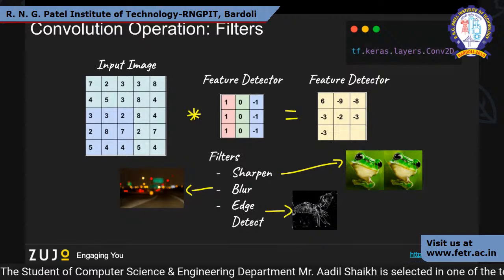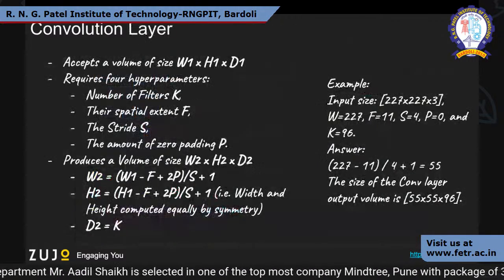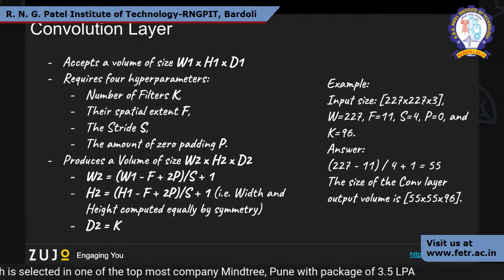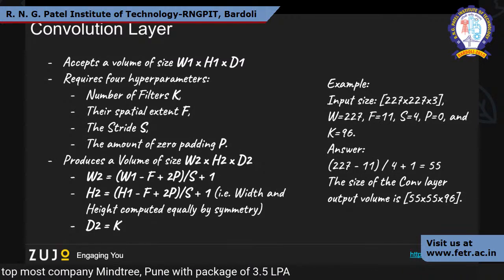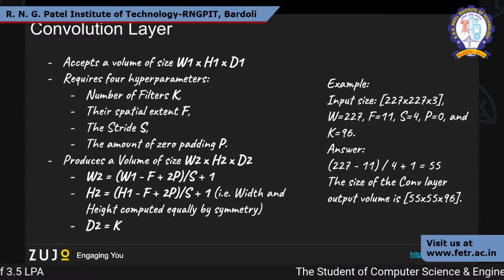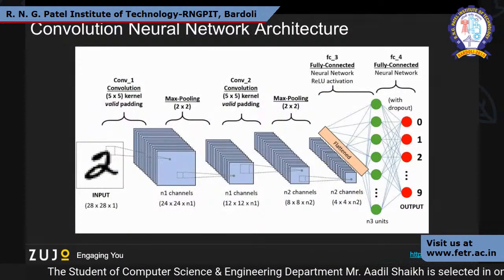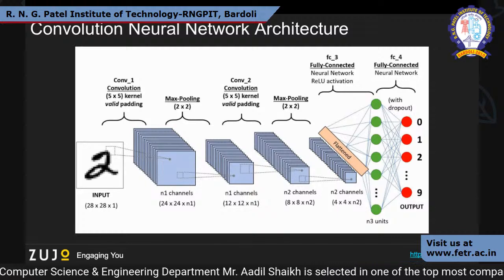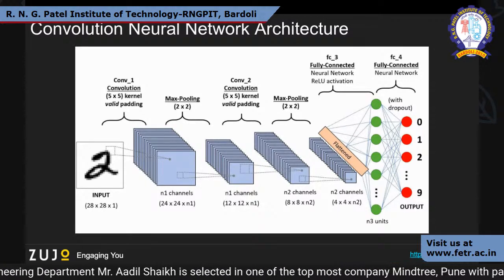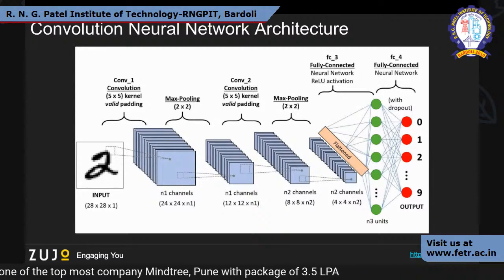Basically the feature map, your output would be 55 by 55 of input size and having 96 dimensions. Okay, let's go further with the same thing. As you can see in the first convolution layer, you can see the 24 by 24 into n1, and you can see the stack of the network as 96.